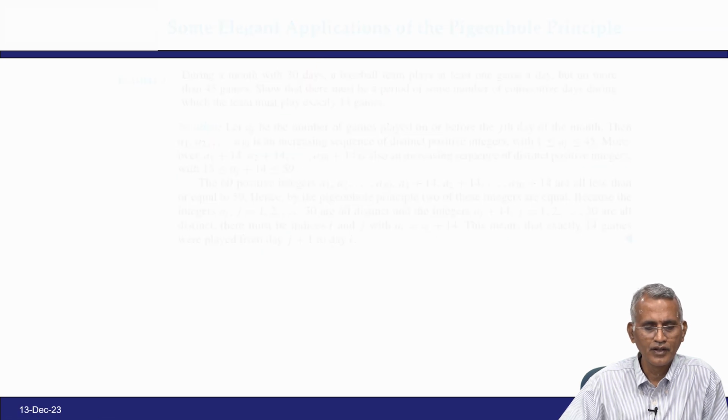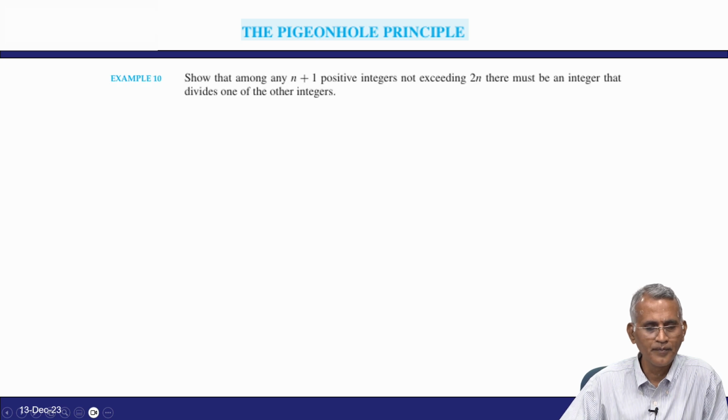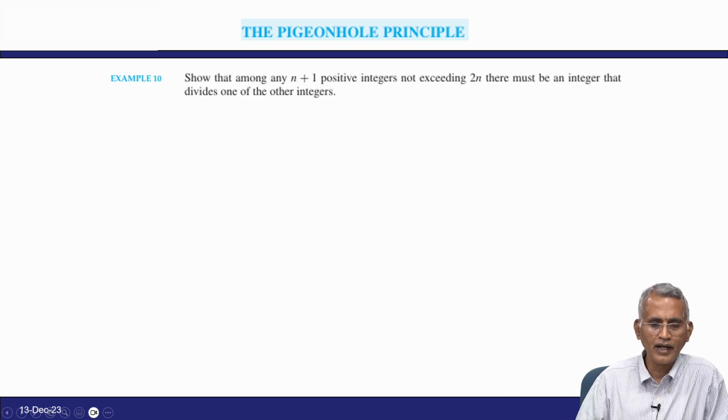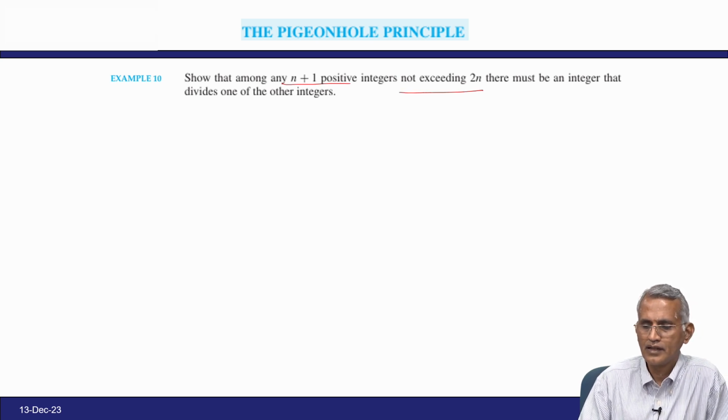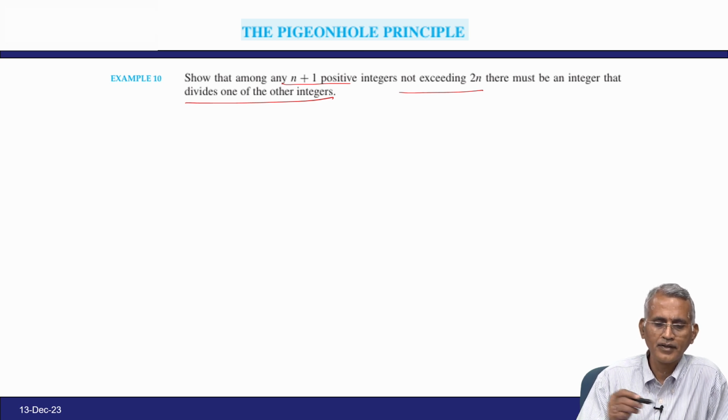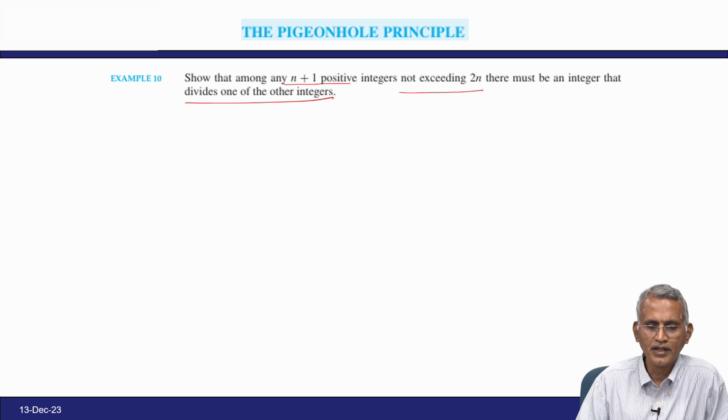Now, we will move to the next problem. Show that among n plus 1 positive integers not exceeding 2n, there must be an integer that divides one of the other integers. First of all, understand the numbers: positive integers not exceeding 2n, where 2n is an even number.